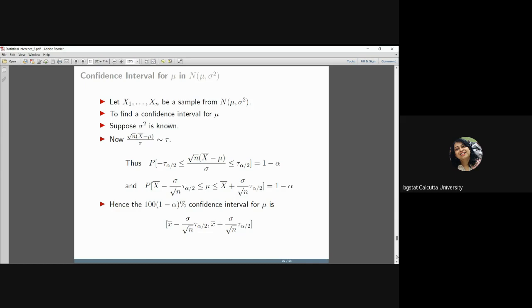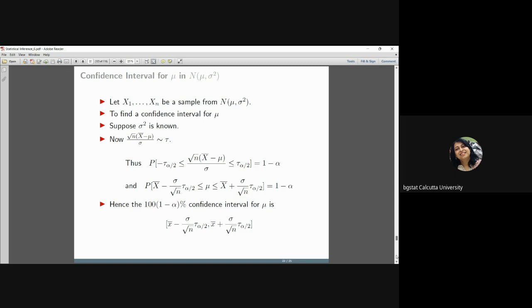we say 100 times 1 minus alpha % confidence interval. So basically, if alpha is 0.05, 1 minus alpha will be 0.95. 100 times that will be 95. So the 95% confidence interval for mu is x bar minus sigma by root n.